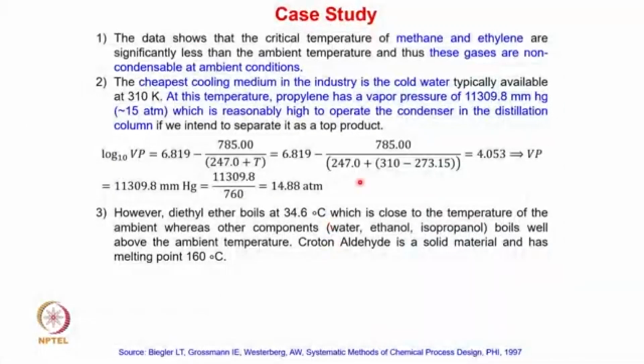With this information, one can see that methane and ethylene can be taken as non-condensable gases at ambient condition, and diethyl ether can be separated in a distillation column. In addition to that, there are other components like water, ethanol and isopropanol.